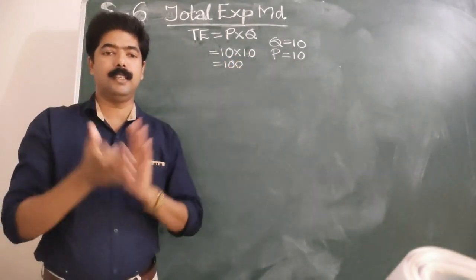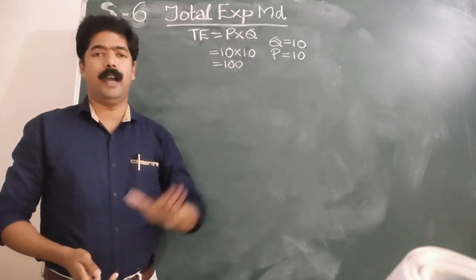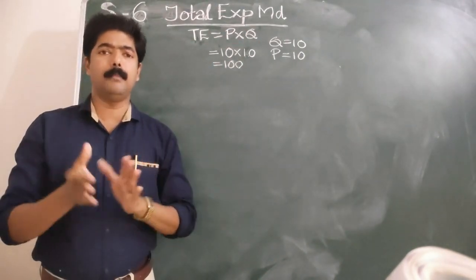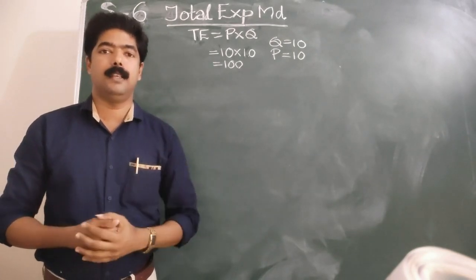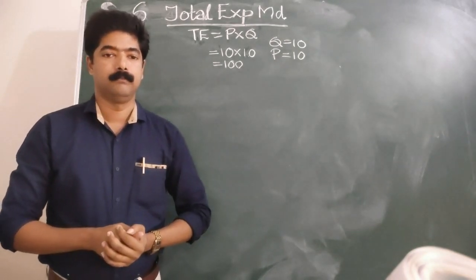So using the total expenditure method, this way we can find out the total money incurred by a consumer on the purchase of a commodity.